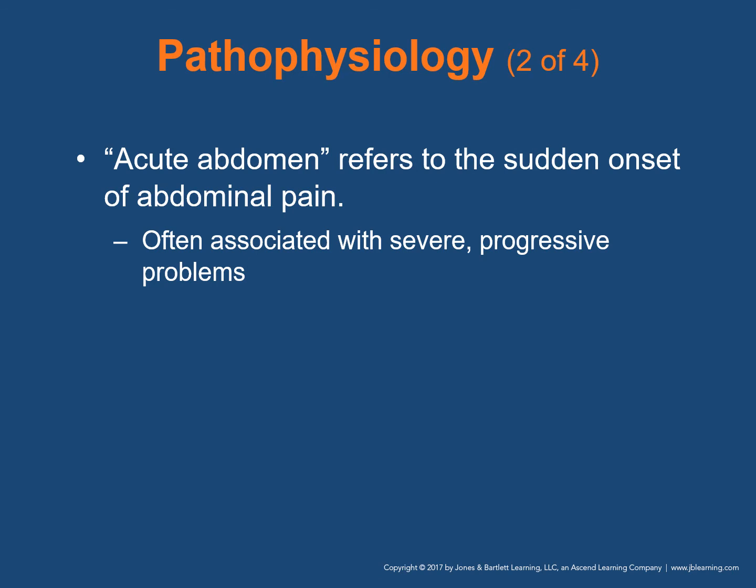Acute abdomen, just like any other time we mean acute, means sudden onset, refers to the sudden onset of abdominal pain. And normally when you have sudden onset of pain, it indicates that there is a severe, sudden, and rapidly developing problem.